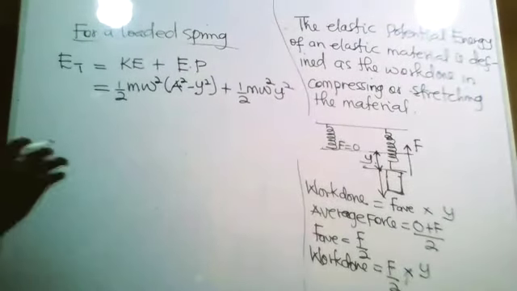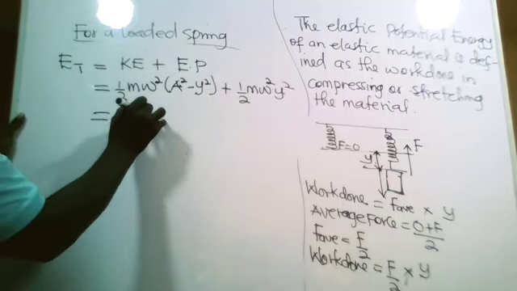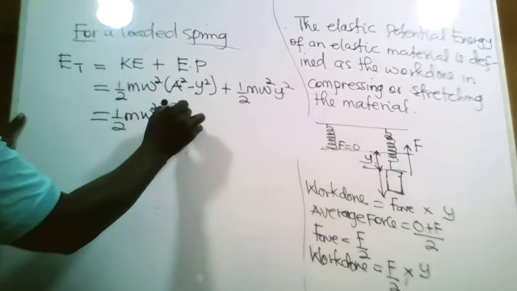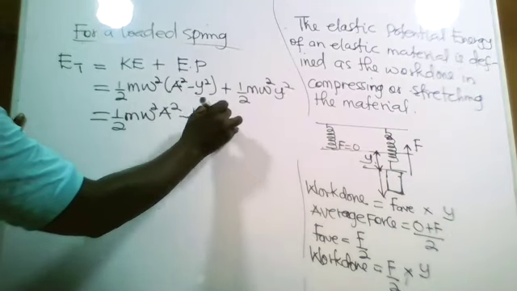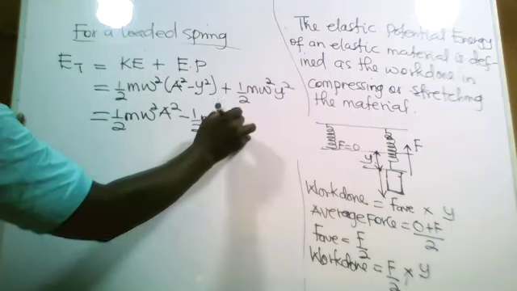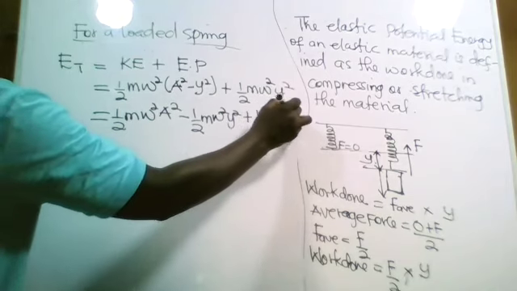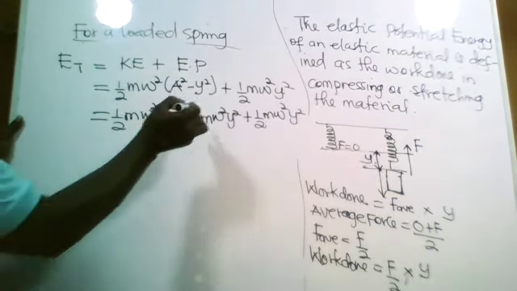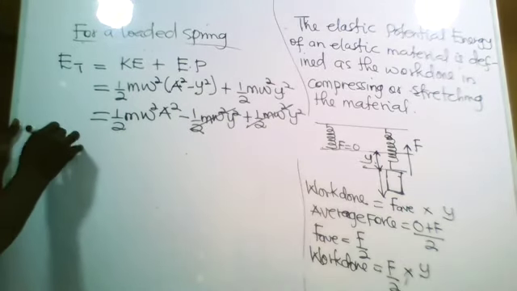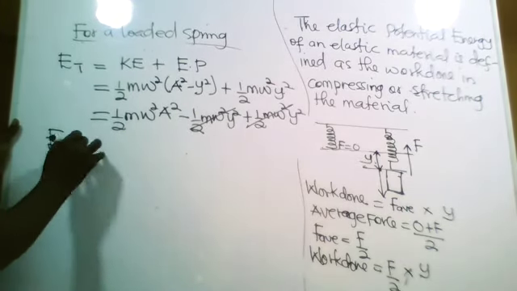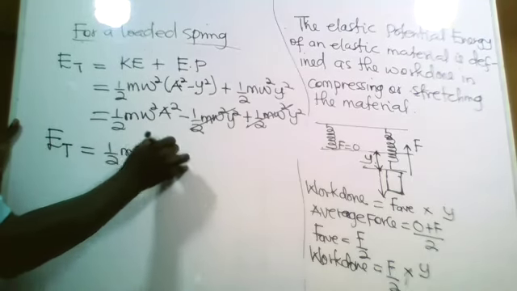So when we add everything, we have half m omega squared a squared minus half m omega squared y squared plus half m omega squared y squared. These two would cancel out. So its total energy, which is the mechanical energy, is equal to half m omega squared a squared.